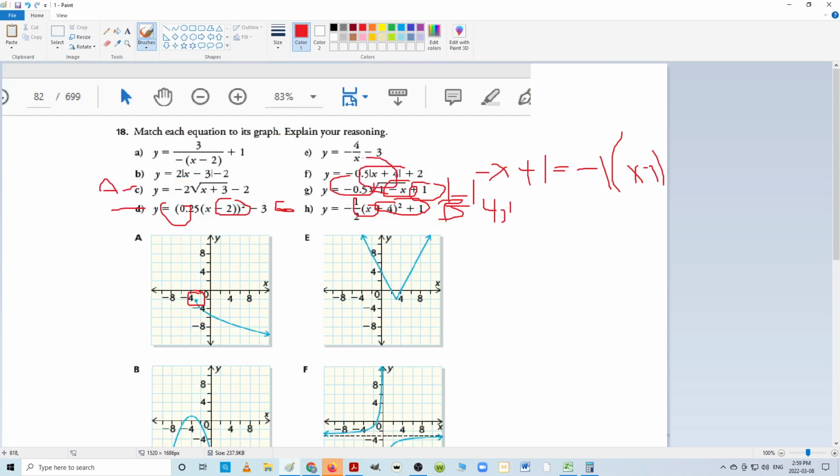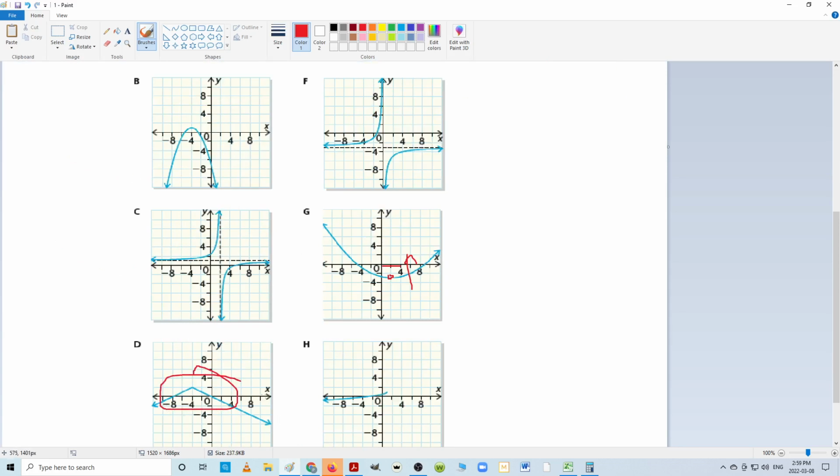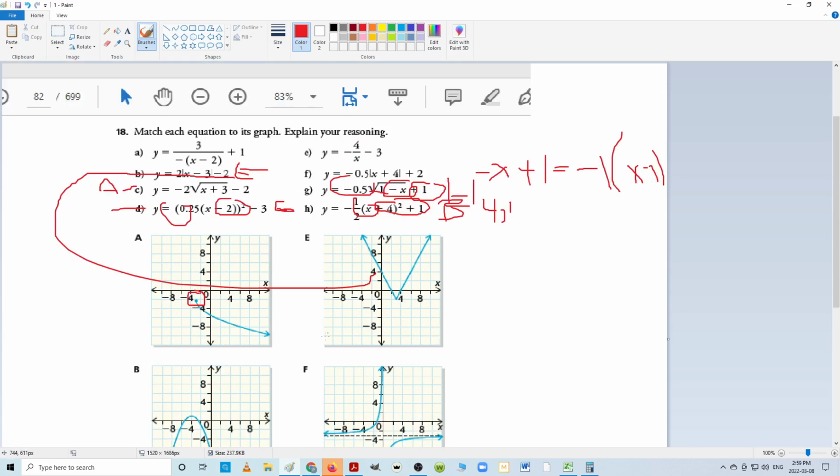Then these are absolute functions. That one's facing down and that one's facing up. That's pretty easy. So this is the one facing up, so that's an E. And that's the only one facing down, which is D. Then you're just left with these. So this creates a reflection in the y-axis, so you won't really be able to tell much about it.